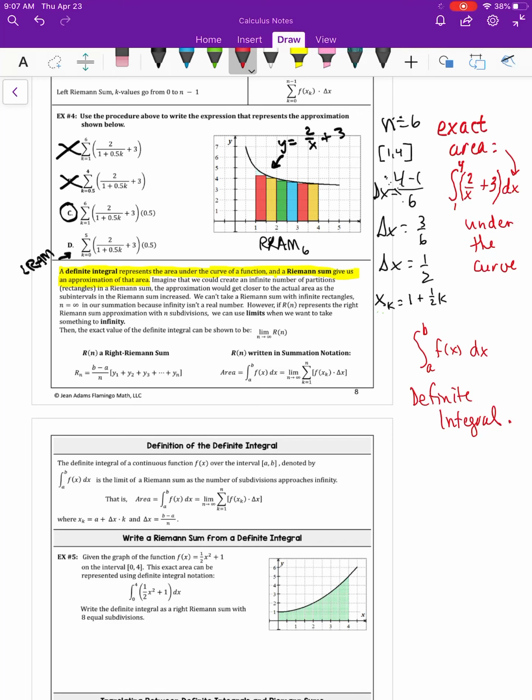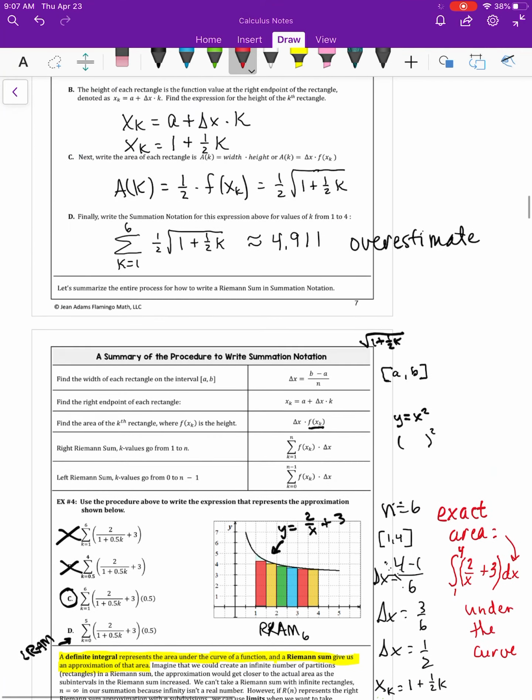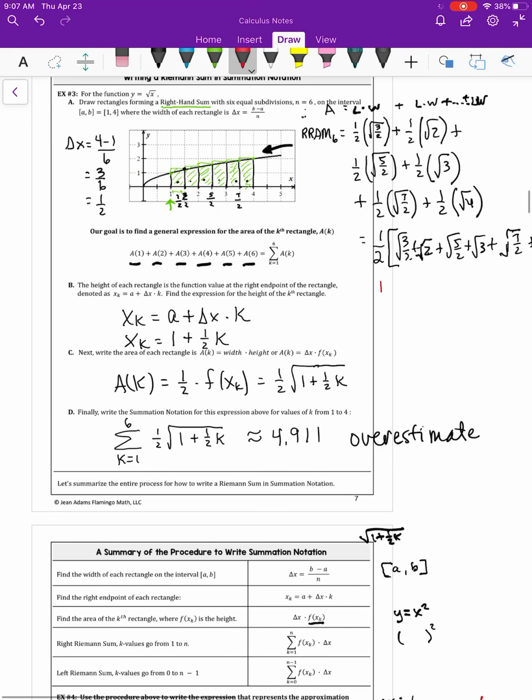However, if R of n represents the right Riemann sum approximation with n subdivisions, we can use limits when we want to take something to infinity. So then the exact value of the definite integral can be shown as the limit as n goes to infinity of that R of n.